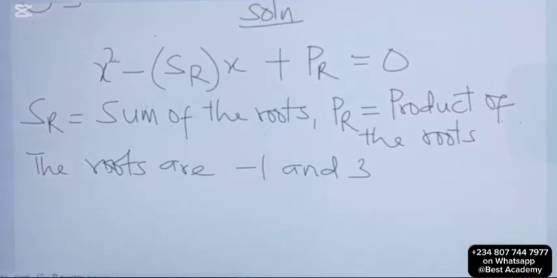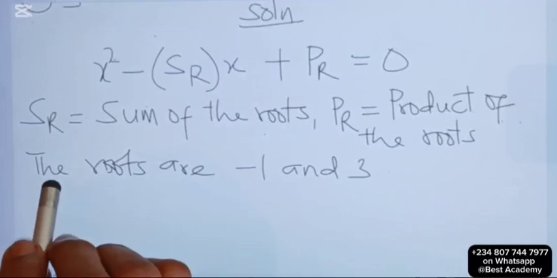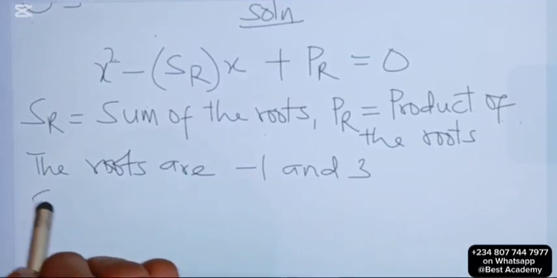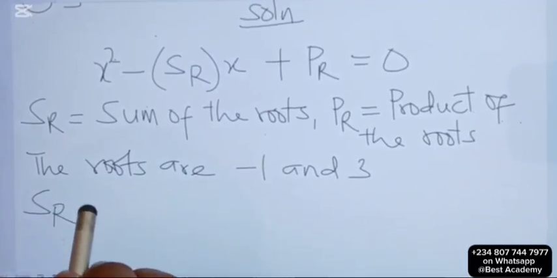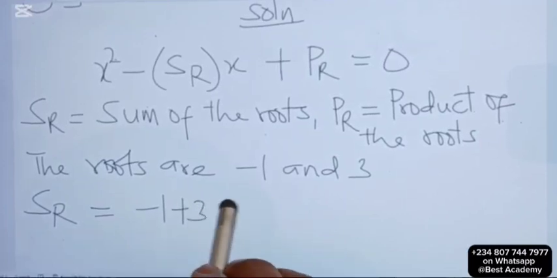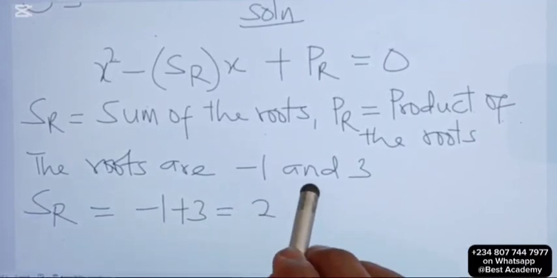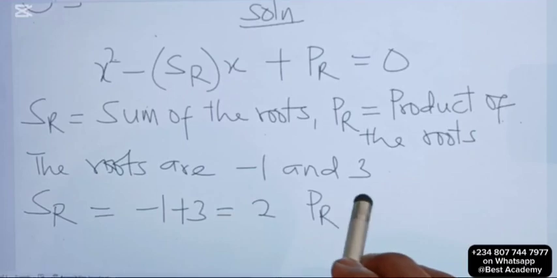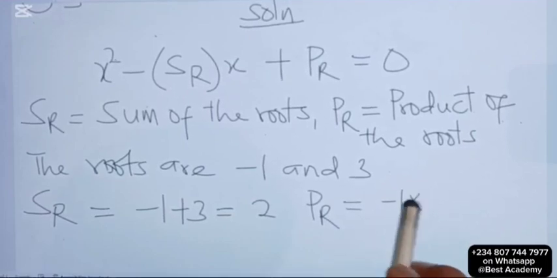Now if the roots are -1 and 3, how do we get the sum of the roots here? The sum of the roots will be equal to -1 plus 3, which is 2. And the product of the roots here is -1 times 3, which is what?